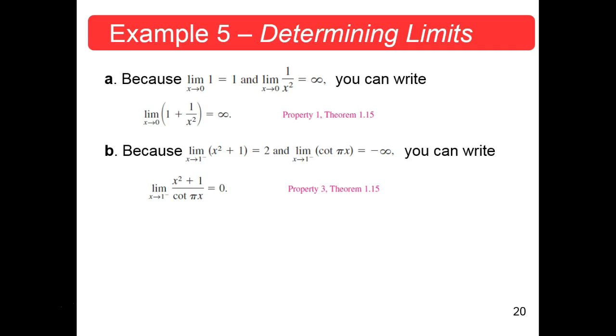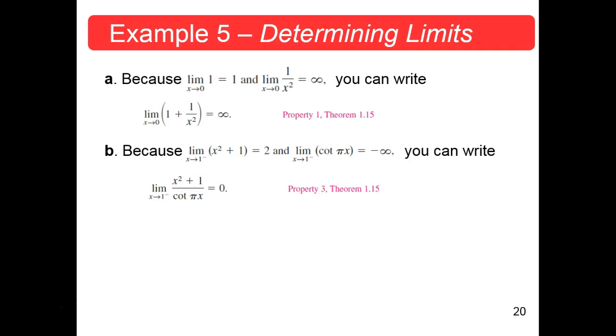The limit as x approaches 1 from the negative side of cotangent of pi x. What was cotangent in general? Cosine over sine. No, sine over cosine is tangent. Cosine over sine.